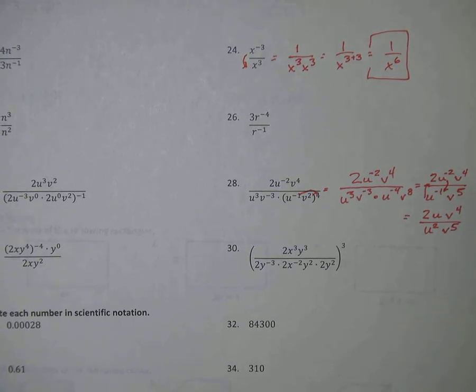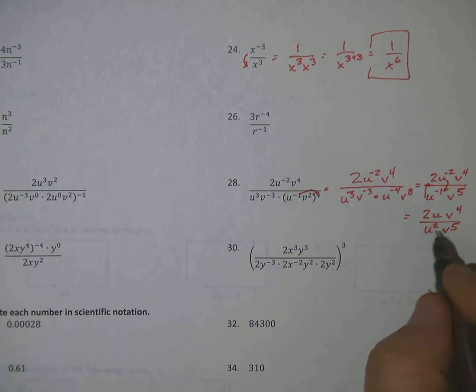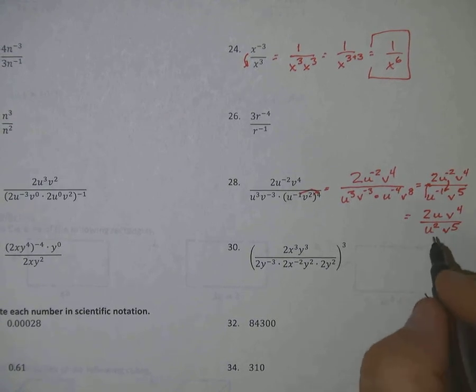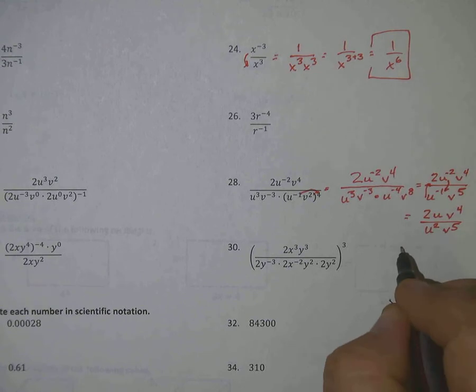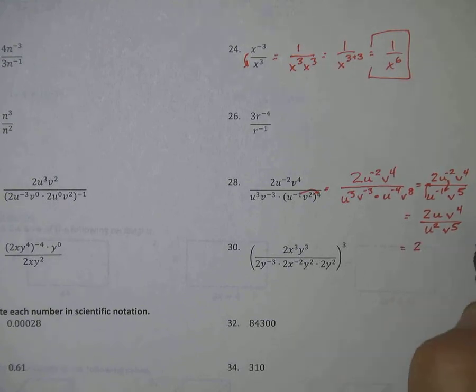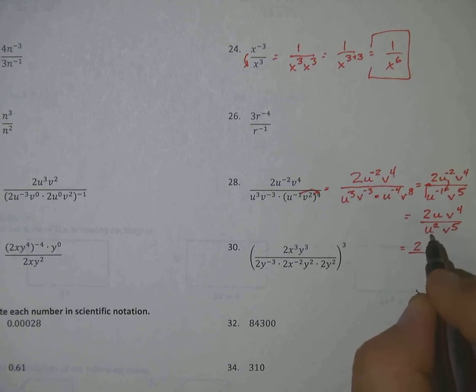Okay. Now I'm going to use my division property where I'm subtracting those exponents. And really what that means is I have 1 u up top and 2 down below. The 2 is going to stay there. Okay. And so 1 u on top, 2 down below, that's going to simplify to 1 on the bottom.